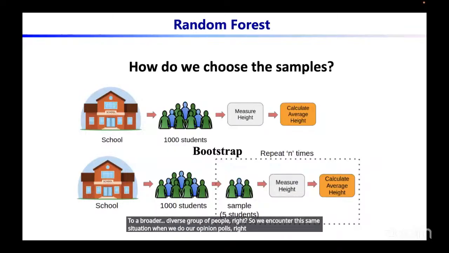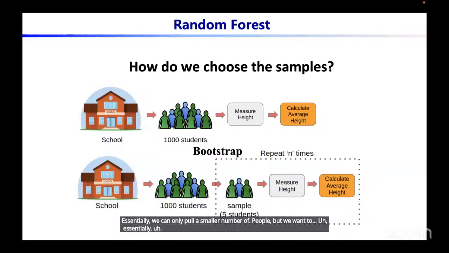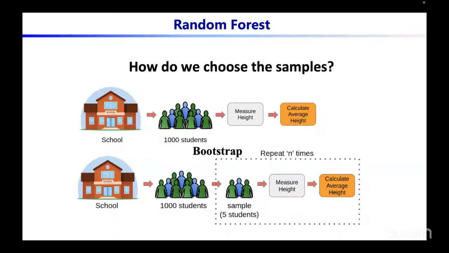When we do polls, essentially we can only poll a smaller number of people, but we want to grasp the opinion of the larger population based on whatever samples we got in our hand.